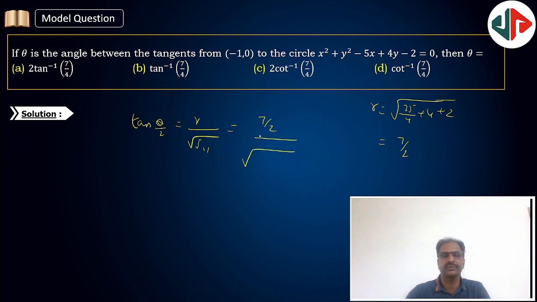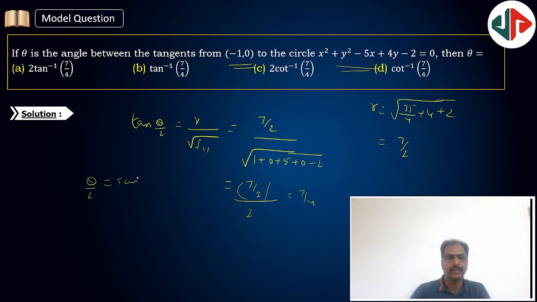Root of s11 means substitute minus 1 comma 0 in the circle equation. 1 plus 0 plus 5 plus 0 minus 2. So this is nothing but 7 by 2 by 2, 7 by 4. So tan theta by 2 is 7 by 4, means theta by 2 is tan inverse 7 by 4, or theta is equal to 2 times tan inverse 7 by 4. Option A.